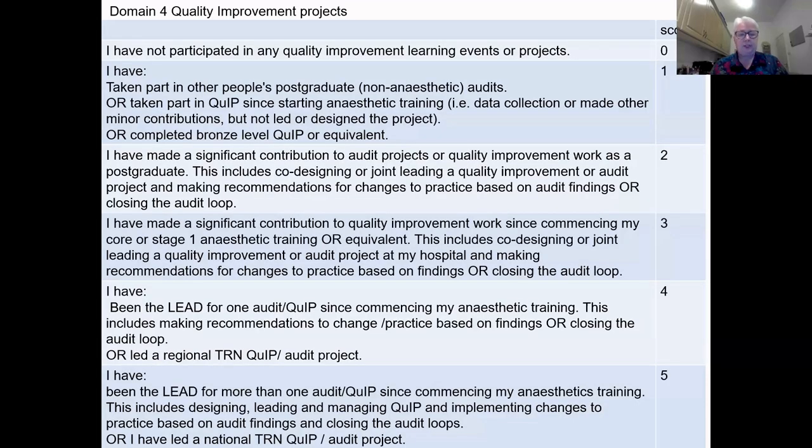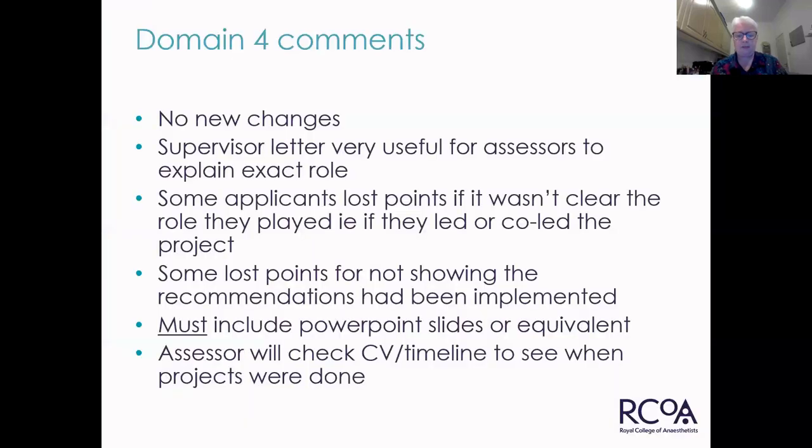So quality improvement projects, again, I think it's fairly self-explanatory. The way that people sometimes lose marks is if they don't have evidence of exactly their role in the project, if you've been the lead or the co-lead, and also whether there's clear evidence that you've made recommendations to practice or closed the audit loops. Again, this is a domain where the supervisor letter can be particularly useful.